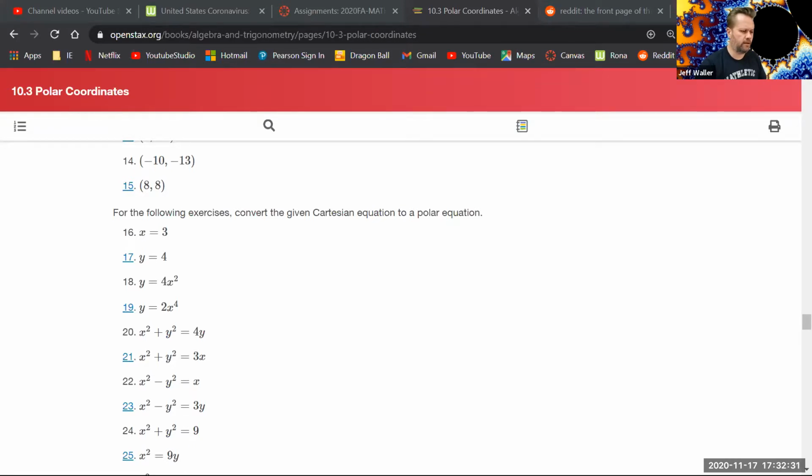What are the conversions for rectangular to polar? Why are they really, really nice? What is X in polar? R cosine theta. Isn't that crazy?